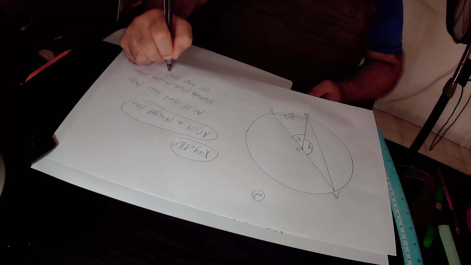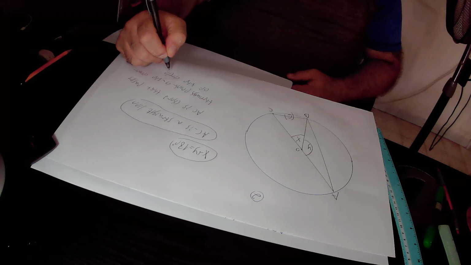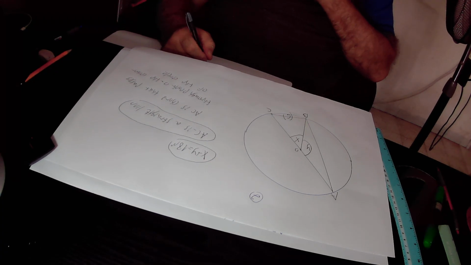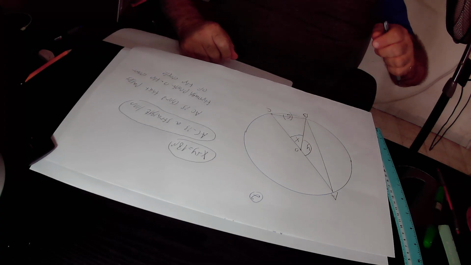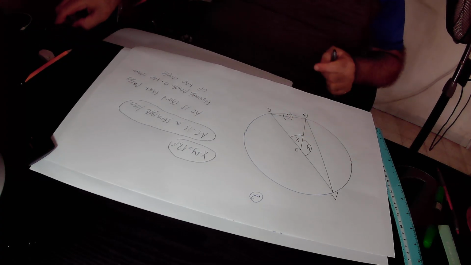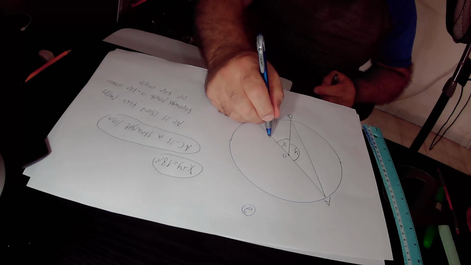And you know that any chord that passes through the center of the circle is defined as a diameter. Therefore, chord AC is the diameter of the circle. So we found out that chord AC is the diameter of this circle.